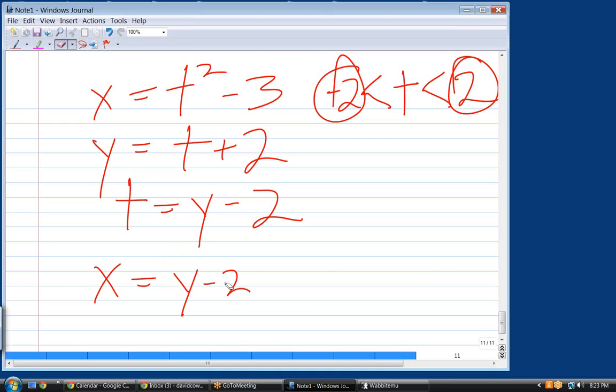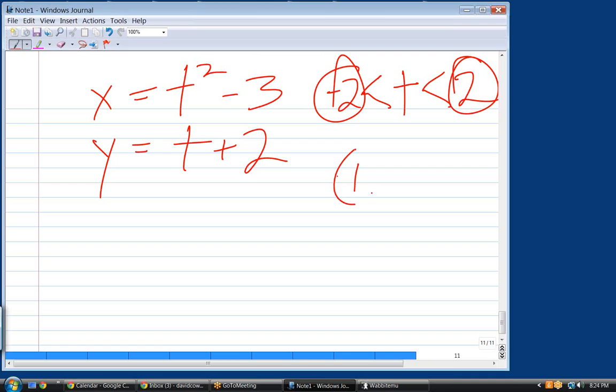Now we got to go back to the original equations, these two. Plug in t of minus 2. What do you get for one endpoint? So do I have to do each equation individually? Okay, so that would be 4 minus 3, so x equals 1.